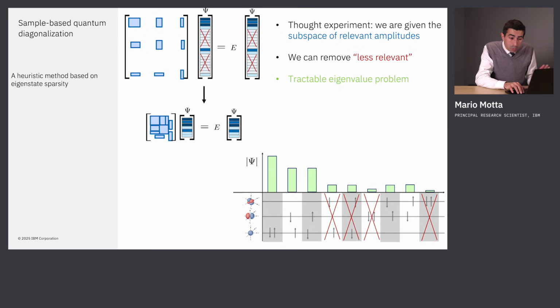In the current formulation of SQD, but there could be more general formulations, these entries correspond to electronic configurations, and by this term I mean Slater determinants, which are depicted in the bottom right part of the chart.